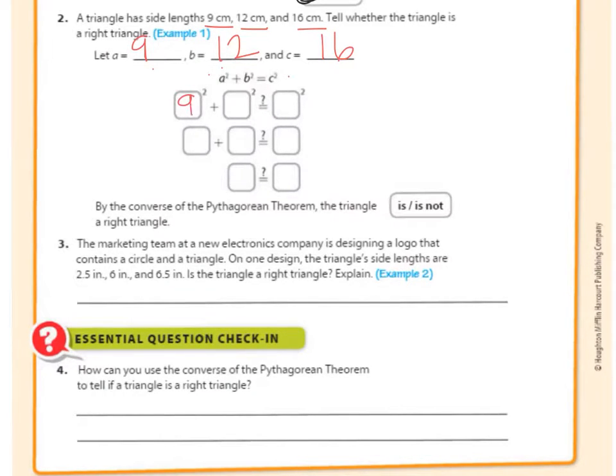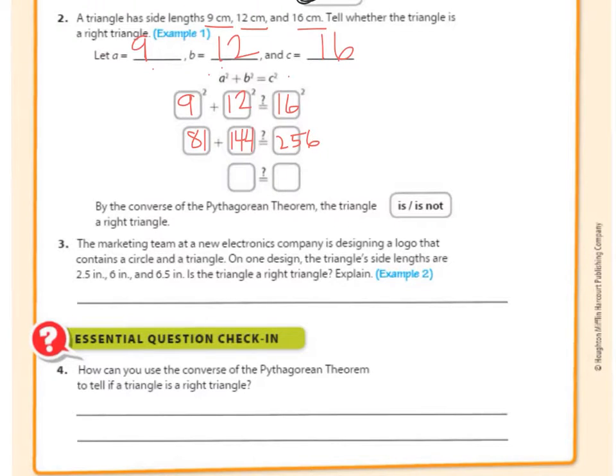So plugging those values in, 9 squared plus 12 squared may be equal to 16 squared. Let's find out. 9 squared, 9 times 9, is 81. 12 squared, 12 times 12, is 144. And 16 squared, 16 times 16, is 256.